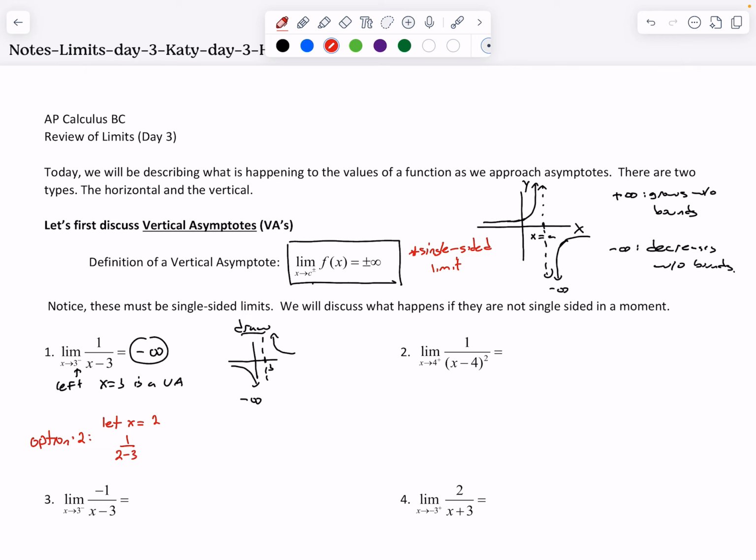Now, I'm going to stop here because we have to talk about something. There is a rule we're going to work with: the limit as x approaches 0 from the right or left of a rational function. In other words, what happens if we approach division by 0?